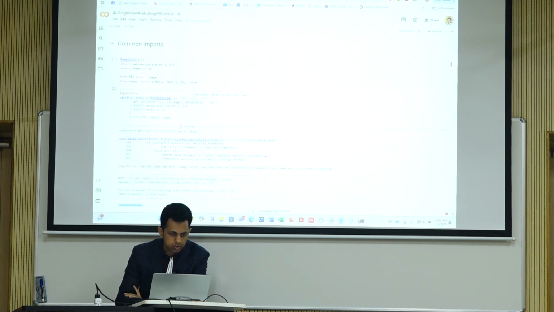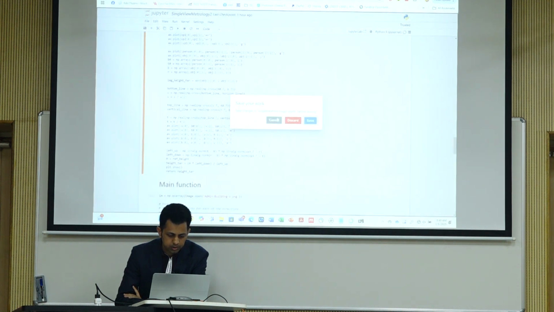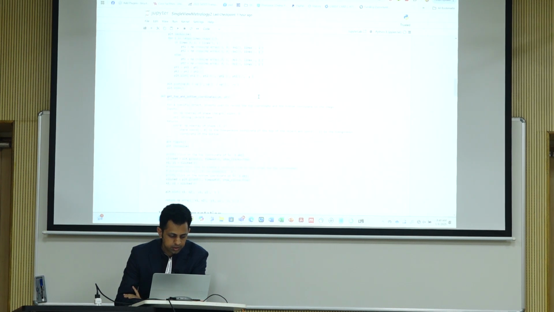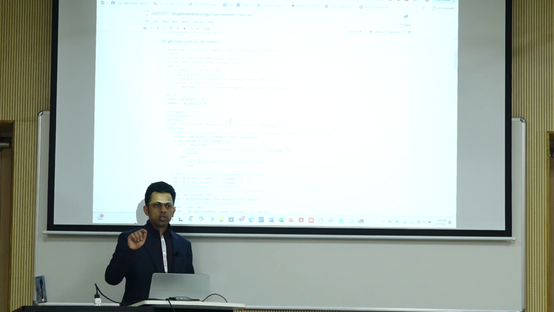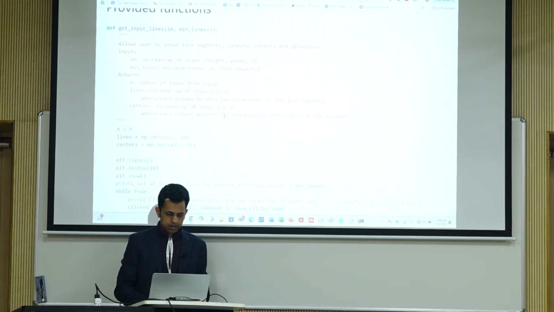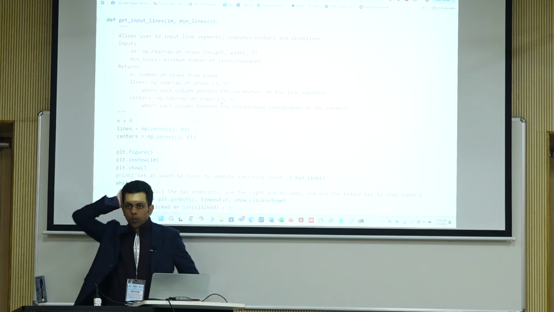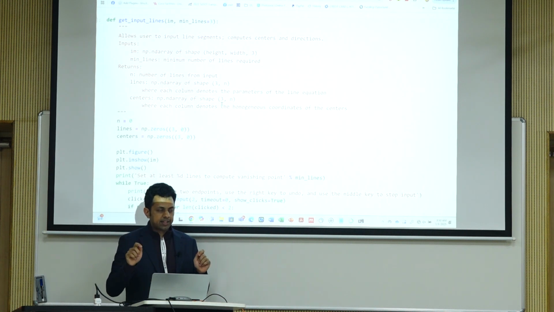Let me use my Colab version. Sorry, so here I had a blank part. Let me use this version. Okay. So here we have some functions just to get the input lines, so the user can choose the points that they want to select the vanishing lines.